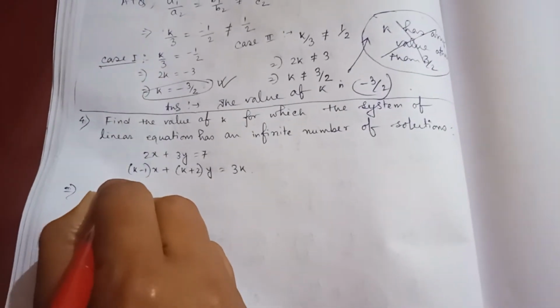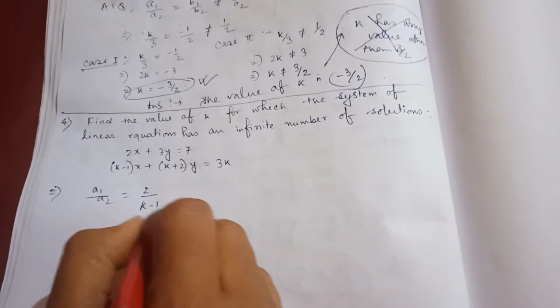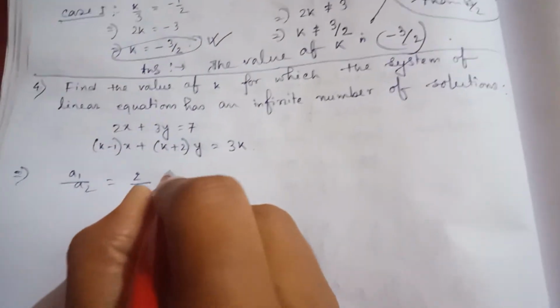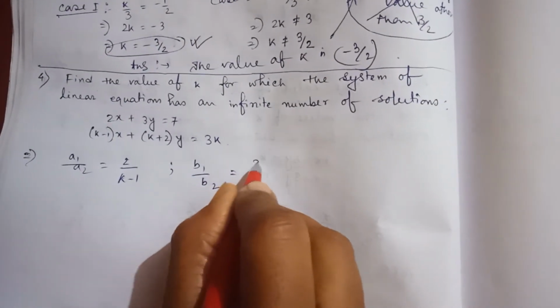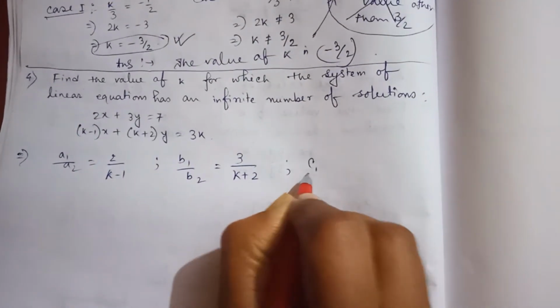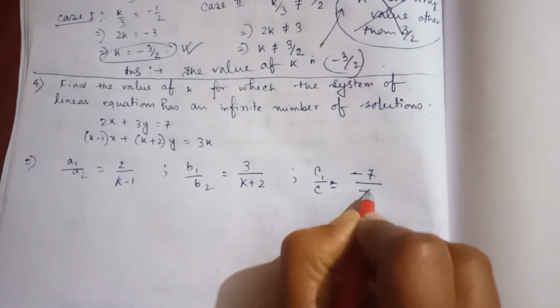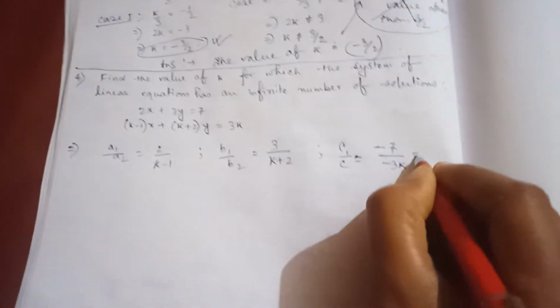So we will be getting a1 by a2 equals to 2 by k minus 1 by comparing to the standard forms, and then b1 by b2 equals to 3 by k plus 2, and c1 by c2 equals to minus 7 by minus 3k. So I am just writing it as 7 by 3k.